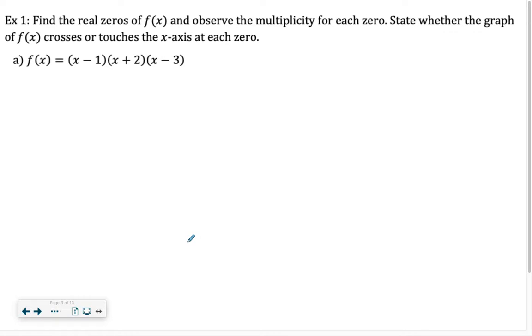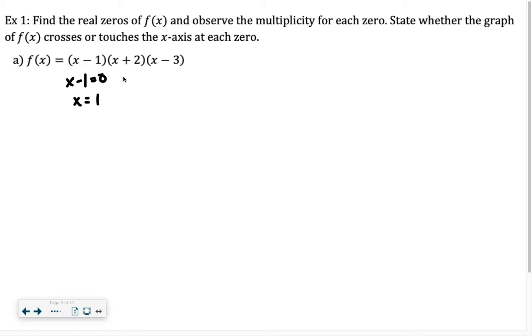So let's take a look at a few examples here. We want to find the real zeros, state the multiplicity for each one, and then state whether the graph crosses or touches at each zero. These are all factored for us already. So in this example, I'm thinking about taking each of these factors and setting them equal to 0. So x minus 1 equals 0. Well, I would add 1 and get x equals positive 1.